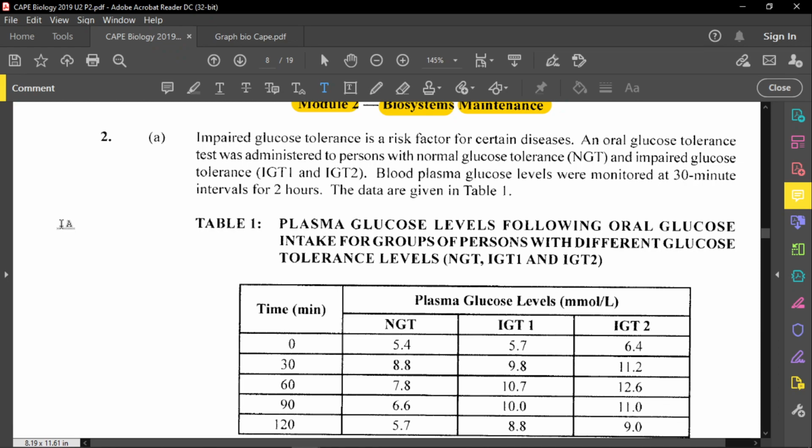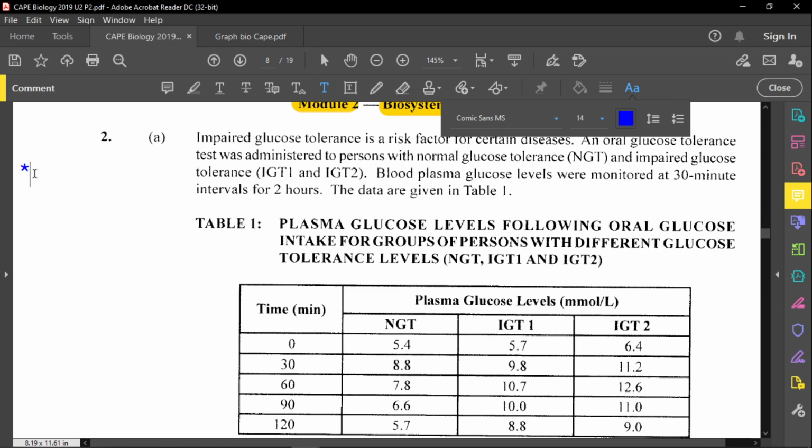But what is meant by impaired glucose tolerance? This is where you have the glucose level in the blood above normal. So I'm going to say glucose above normal. And when I say glucose, I mean glucose in the blood. The glucose in the blood, let me just write that out to make sure that you understand.